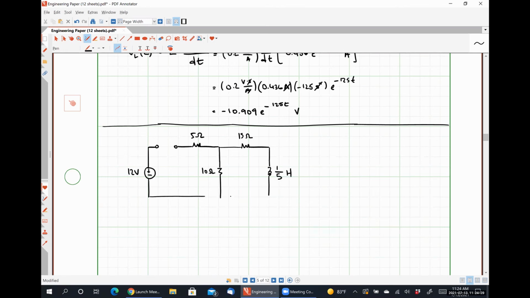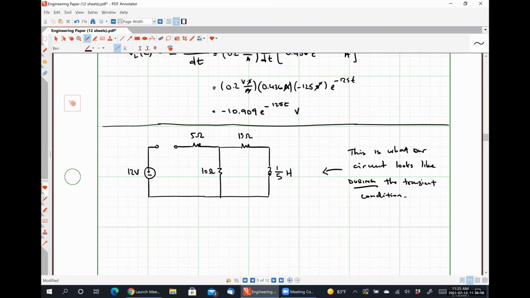So this is what our circuit looks like during the transient condition, right?